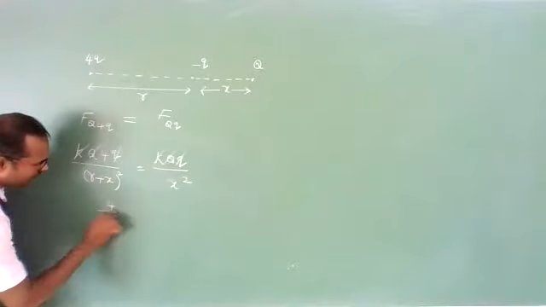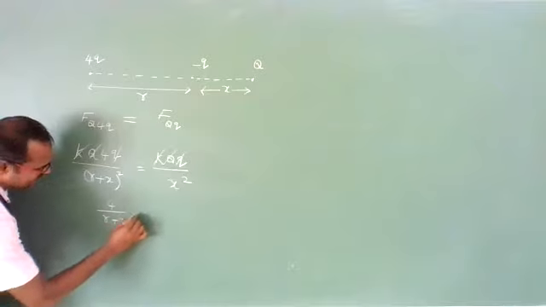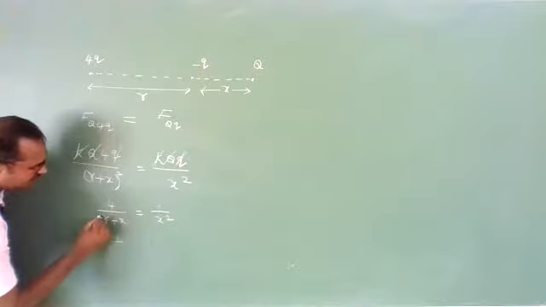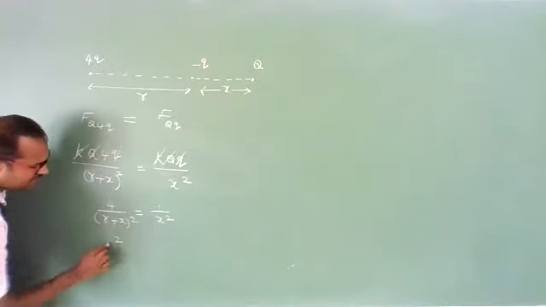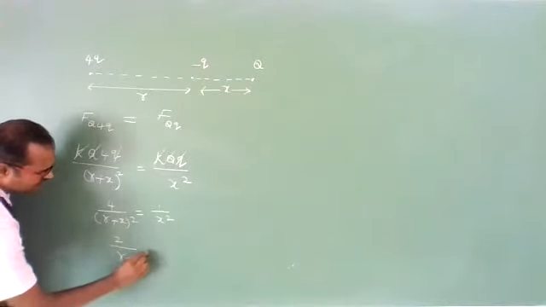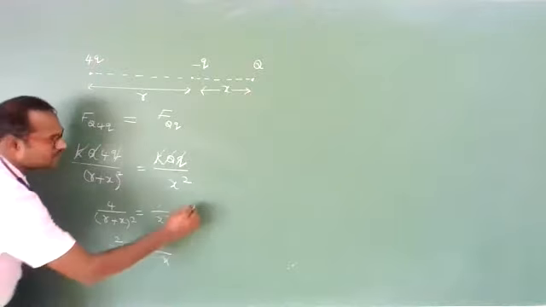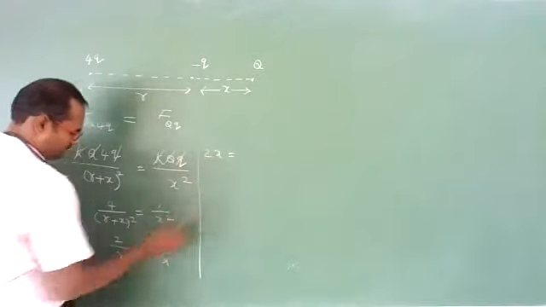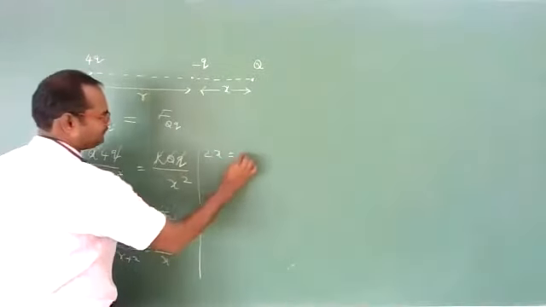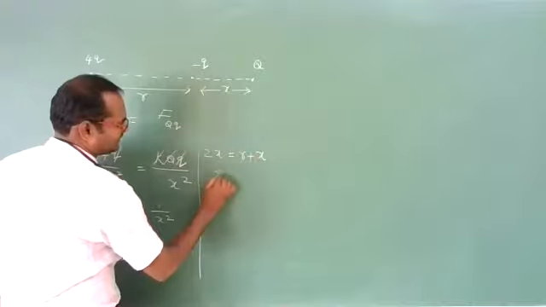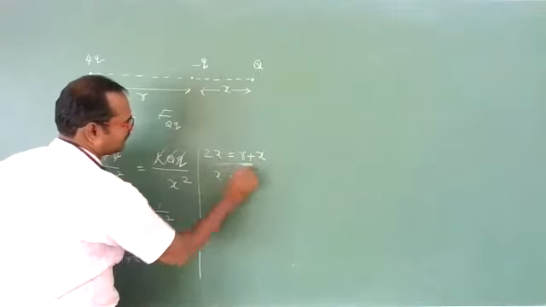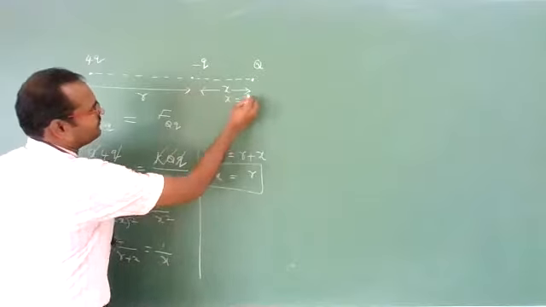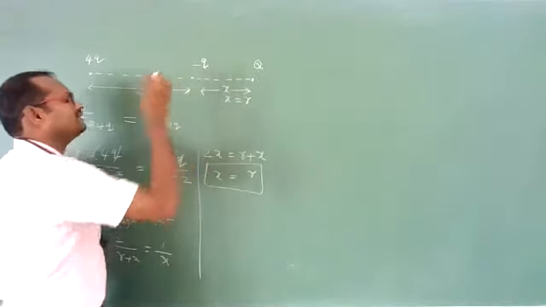You will get 4 divided by (R plus x) whole square equals 1 by x square. This can be written as 2 divided by R plus x equals 1 by x. Cross multiply: 2x equals R plus x, then x is equal to R. Clear? So it should be placed at a distance of R from the minus q charge.